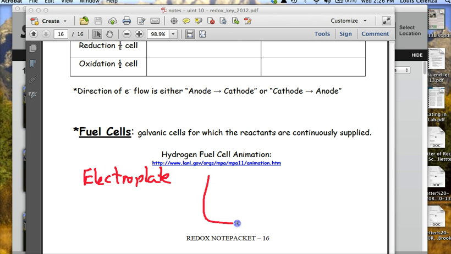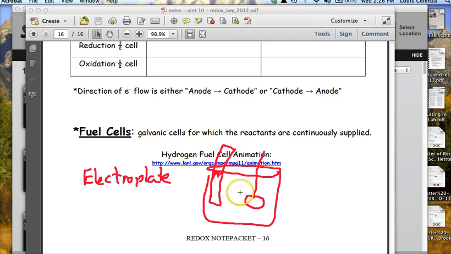So for example, if this was an electrolytic cell, let's say we had a ring, and it's a very bad example of a ring, and we wanted to put gold on it. Well, we can't just take this bar and rub it on the jewelry. It's not going to work that way. We have to do this through an electrolytic process. What we're trying to get to happen here is we're trying to get these gold ions, and I believe they're plus 3, to change into a gold atom and stick to that.